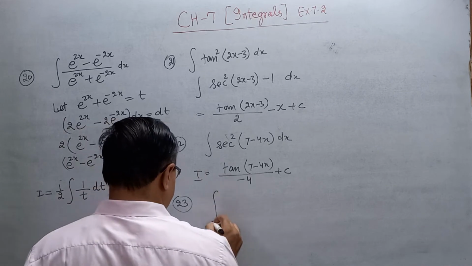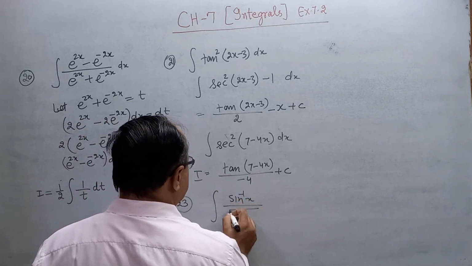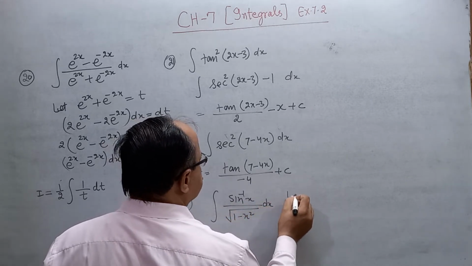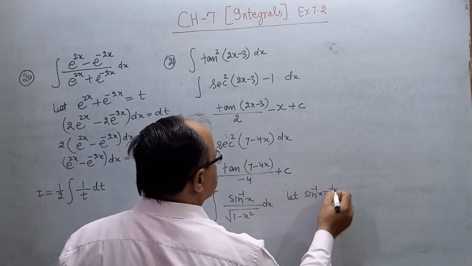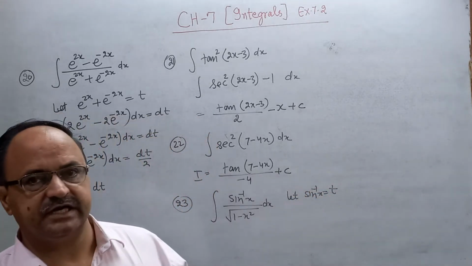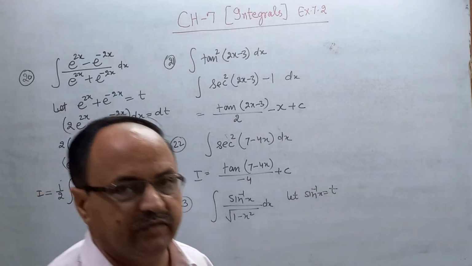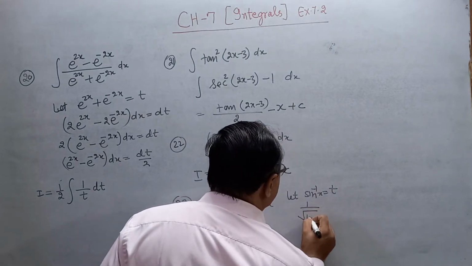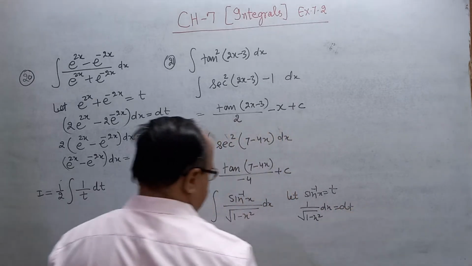23rd. Integration of sin inverse x upon root 1 minus x square. In this question you can let sin inverse x is equal to t, because you know that the derivative of sin inverse x is 1 upon root 1 minus x square. So 1 upon root 1 minus x square dx is dt.